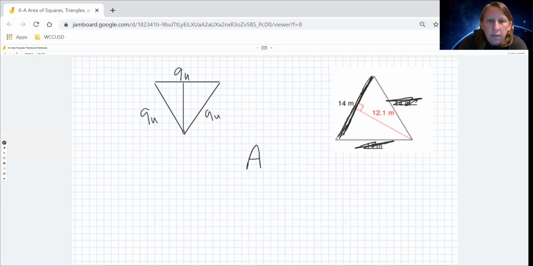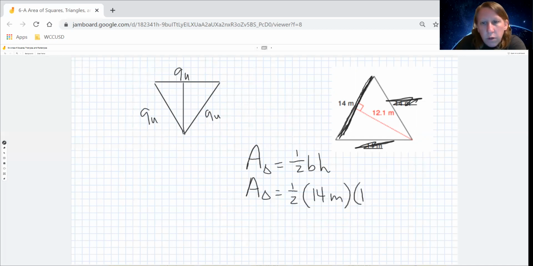So the area of a triangle is half the base times the height. Do you think you're supposed to write that every time? Yes, write it every time. This is not going to hurt you. And then we plug stuff in. So we do half. What's the base? 14 meters. What's the height? 12.1 meters. Can you use a calculator? Yes, I don't care about that. Half of 14 is 7.